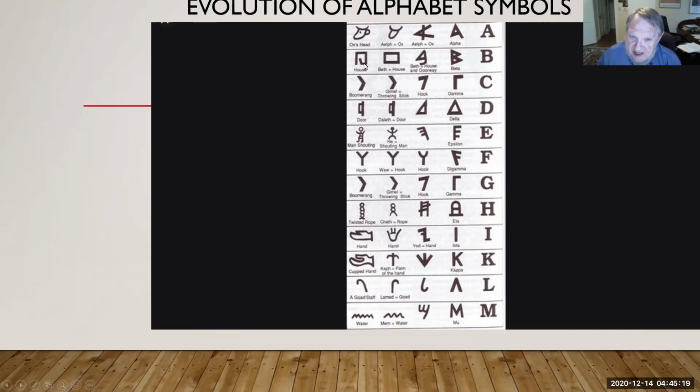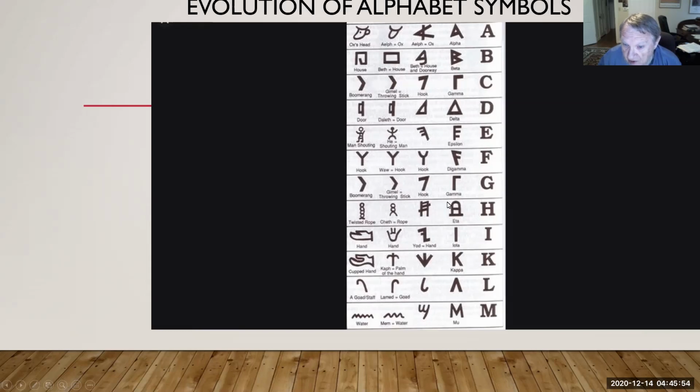Let's take the next one. Alpha, beta, bait. Bait was house in Semitic, actually. And then this was a kind of a house with a doorway, and then it became that, and then this. Or take a door. Daleth, door, became delta and became D. Man shouting became that symbol, epsilon E. Look at this one, twisted rope evolved into that, and then into Greek eta.